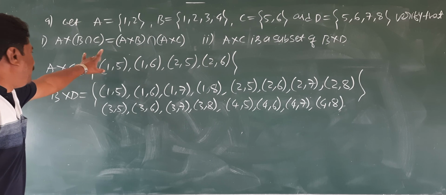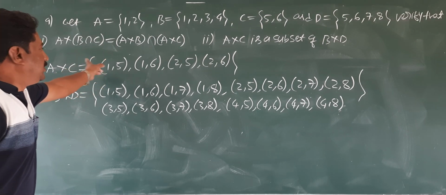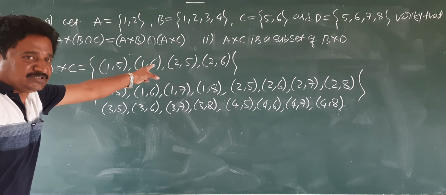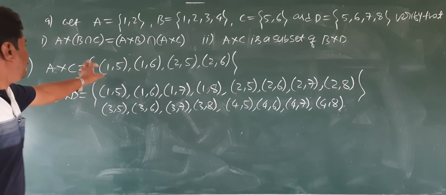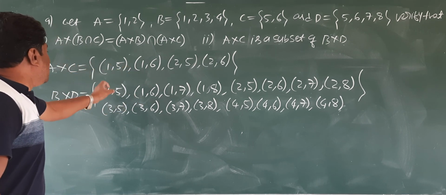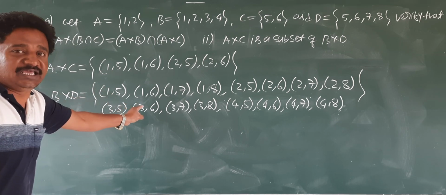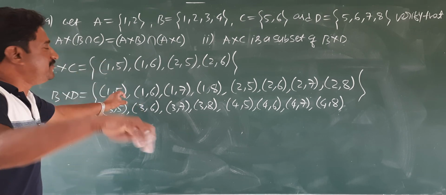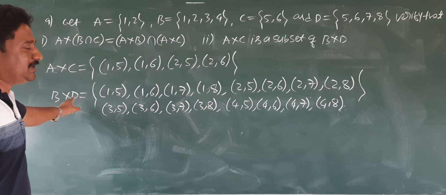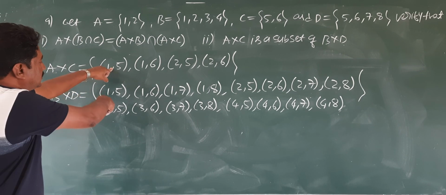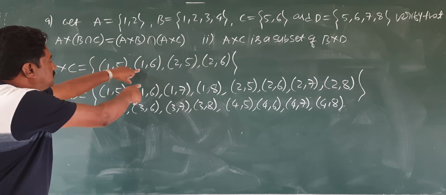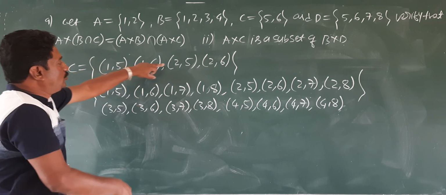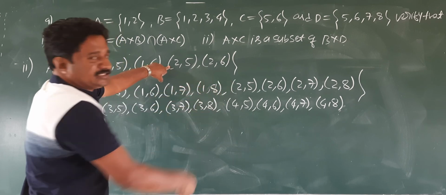Subset means part. All the elements of A cross C should be elements of B cross D. If all the elements of A cross C become elements of B cross D, then we can say A cross C is a subset of B cross D. 1, 5, yes, it is seen. 1, 6, yes, it is seen. 2, 5, it is there. 2, 6.